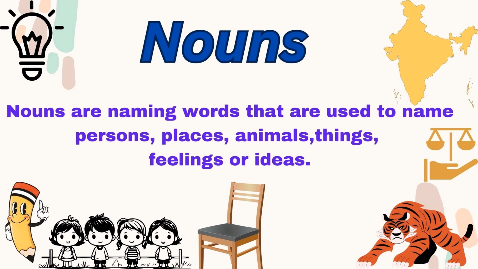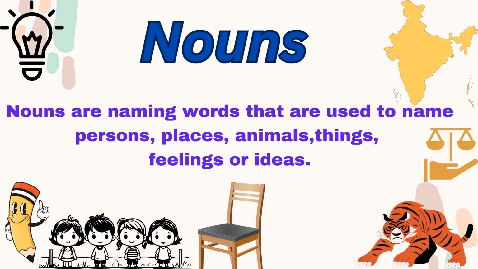So if you are calling someone, for example, if you are calling your friend and her name is Shweta, so Shweta is also a naming word, means Shweta is also a noun. And so basically if you take the name of a place, for example Delhi, so again it is going to be your noun.